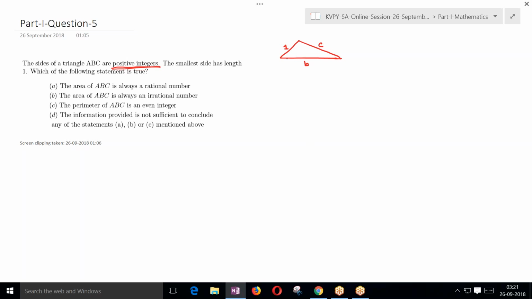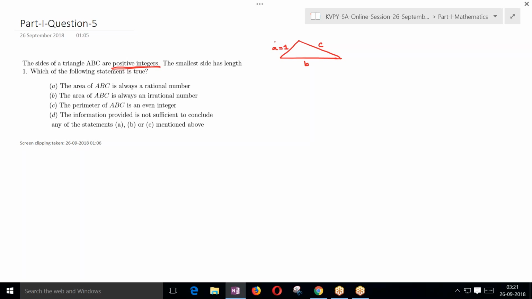So we are taking a equal to 1, where a, b and c are the sides. Very fundamental, that's why KVPY is so important: to crack KVPY, your fundamentals have to be really rock solid, and it all depends on fundamentals and the concept of irrational numbers.